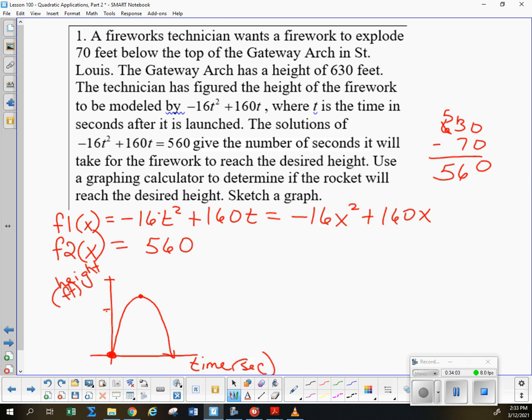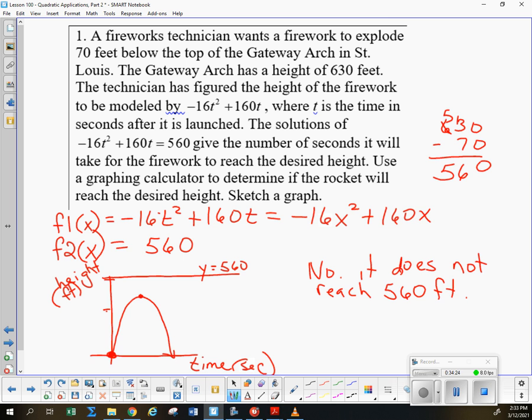We've got our axes labeled here, and here was the line at 560. And no, it does not reach 560 feet.